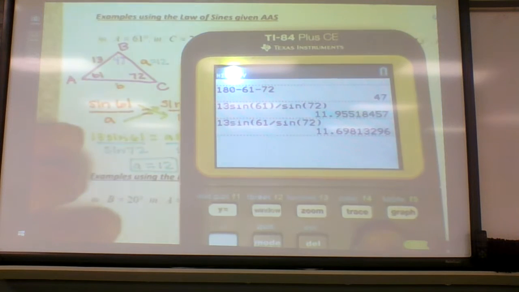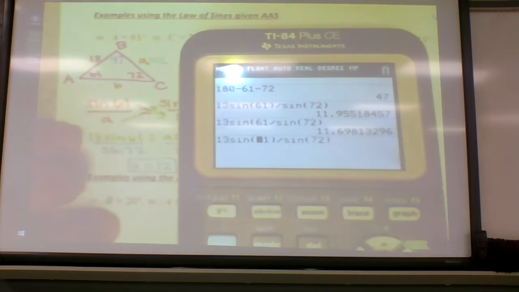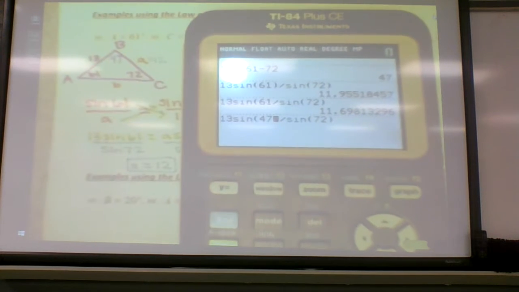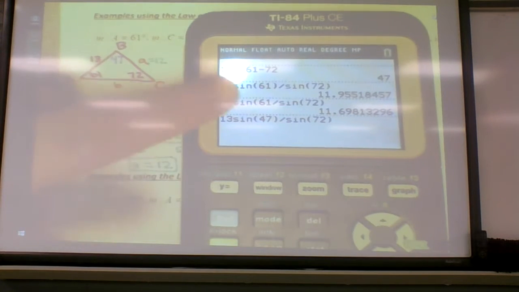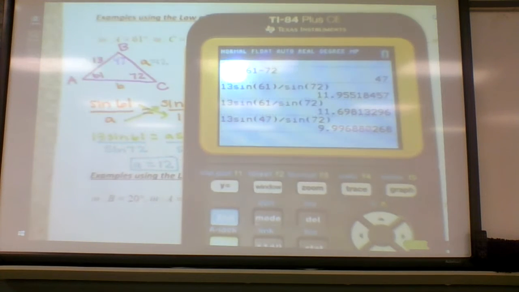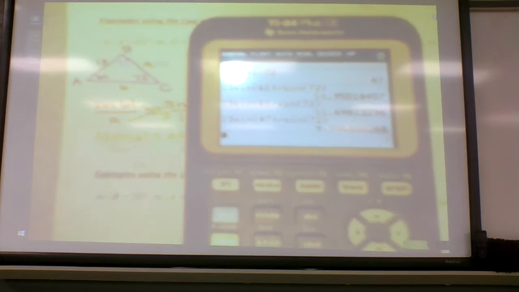So if you keep it consistent, you can go back to this one, and then instead of typing it all in again, just change that angle there. There we go. You can just change the 61 to a 47, and it'll give you that side also. Or you can type it all in again, up to you.